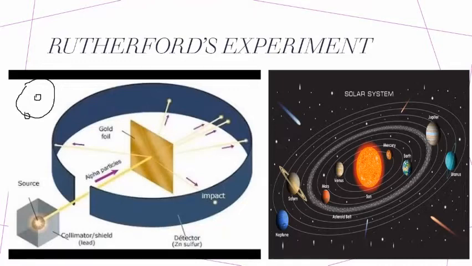The electrons move around this nucleus in a spherical path, and he gave an example of this by comparing it to the solar system.